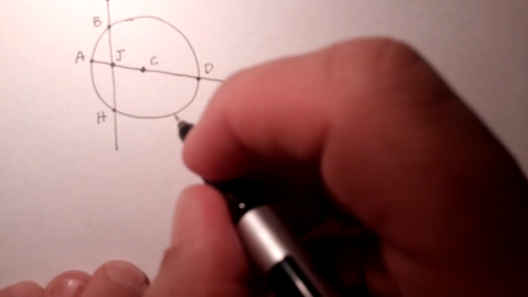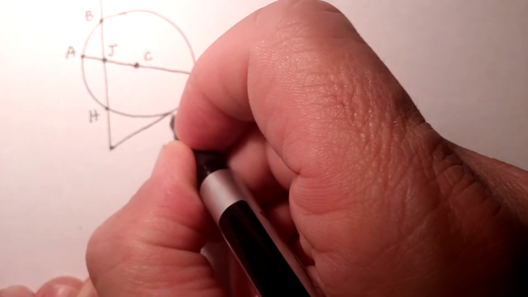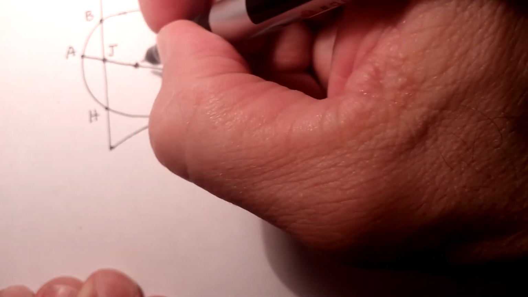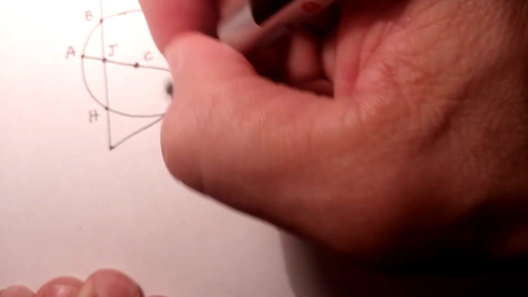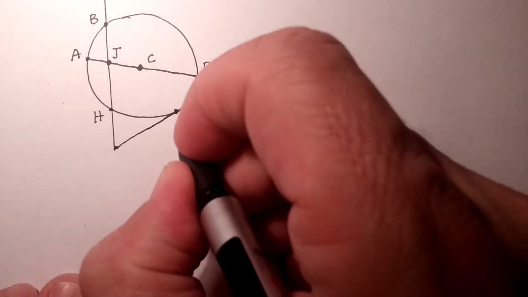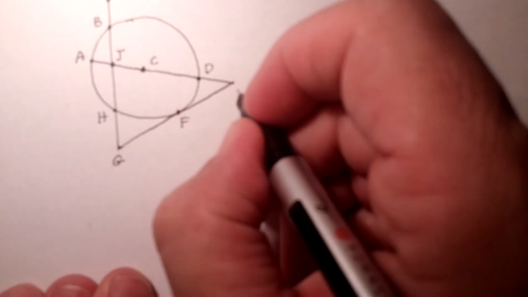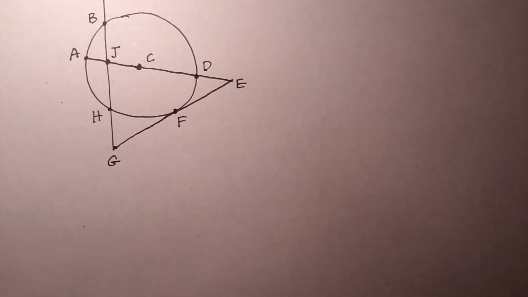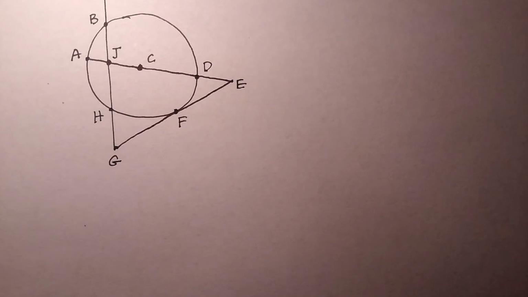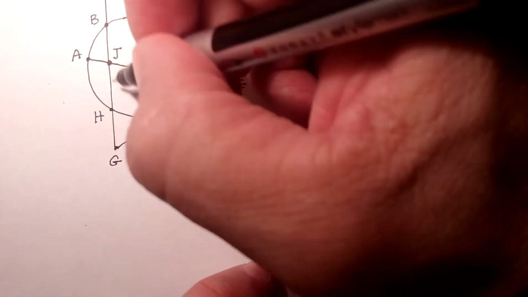Let's draw a tangent line. Remember that this tangent line would be perpendicular to this radius right here. Or another way of looking at it, it only touches the circle once. That's another way of doing it. We'll call that point F. Let's call this G. And let's call this E. Now, identify the different parts here using these line segments.